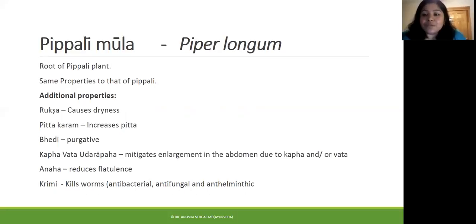And the difference between the fruit and the root is the root has a higher concentration of the active ingredient, which is piperin. Because of that, it has a slightly more concentrated effect and a little bit of higher qualities or gunas that really aggravate pitta.